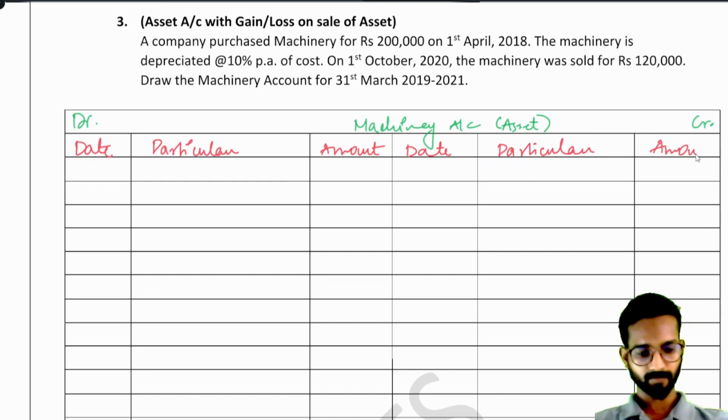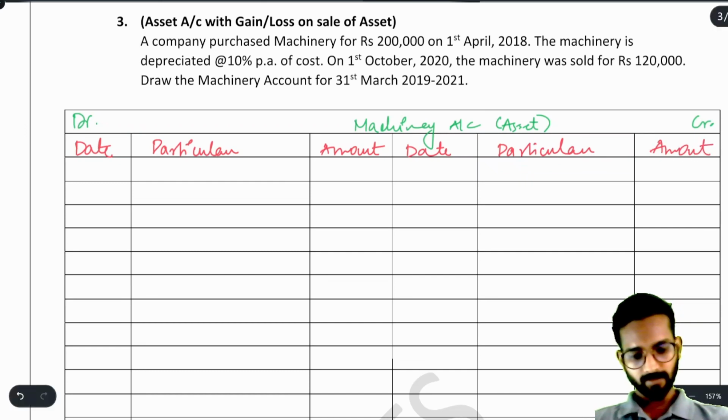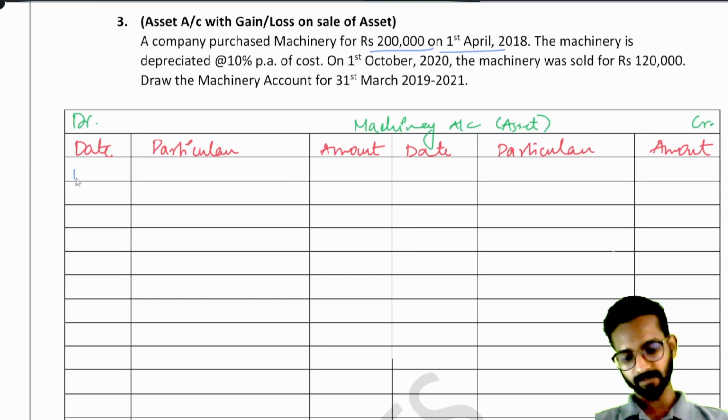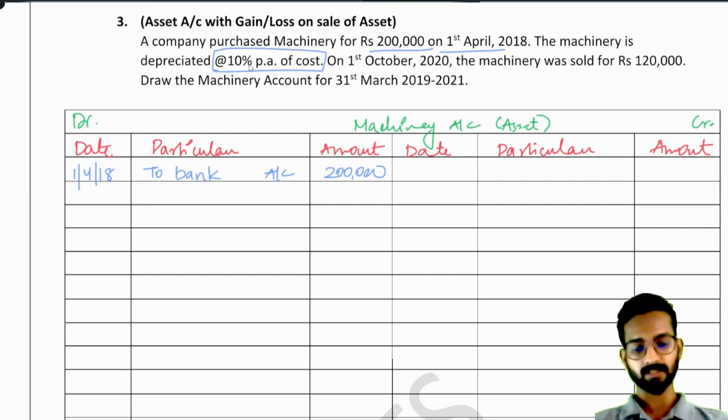Now purchased machinery for 2 lakh rupees on April 1st 2018. So I can write here 1st April 2018 to bank account 2 lakh rupees. The machinery is depreciated at 10% per annum of cost. It means what is the cost? Cost is 2 lakh.